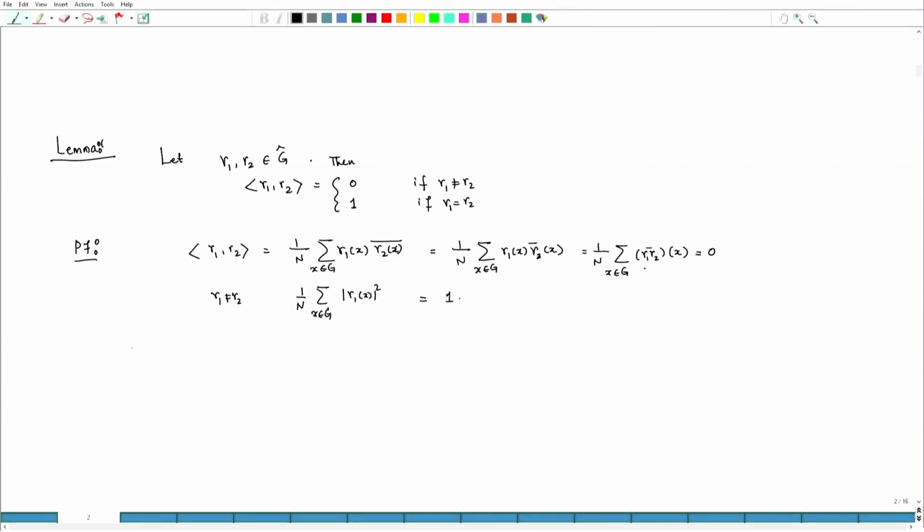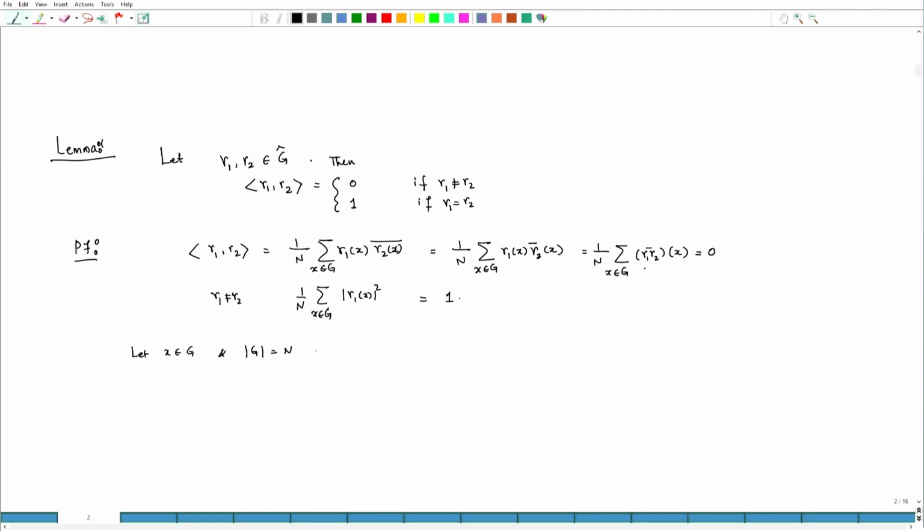First of all, how many characters can there be in G for any arbitrary finite abelian group? We know that in Z n it is exactly n. Now, what about here? Let x belong to G, and the cardinality of G is equal to n.